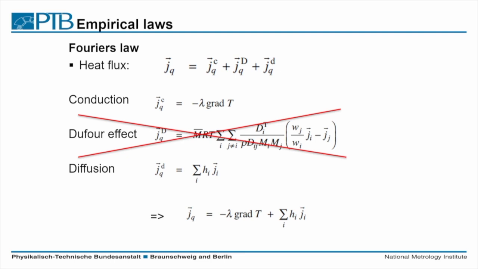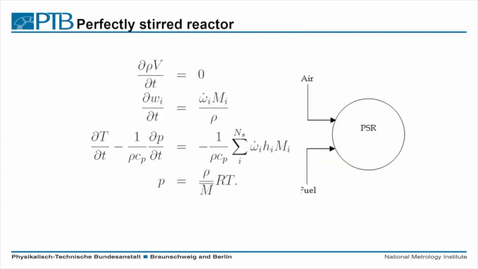So the heat flux depends on heat conduction, and this changes due to diffusion fluxes. So now we have all the information we need to solve our equation systems.